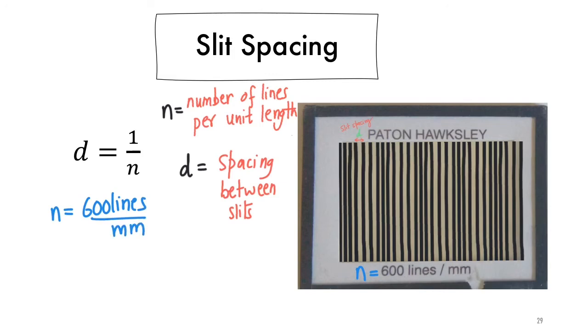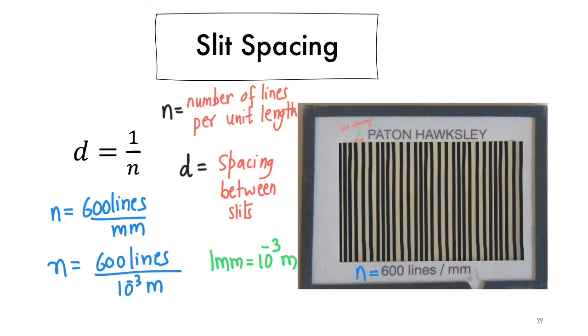But we need to convert millimeter to meter. Therefore, we are going to write millimeter as 10 to the power of negative 3 meter, because 1 millimeter is equal to 10 to the power of negative 3 meter. We can now calculate the value of n, which comes out as 600,000 lines per meter.